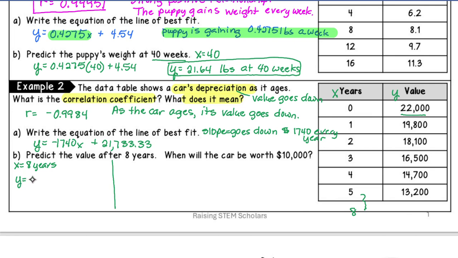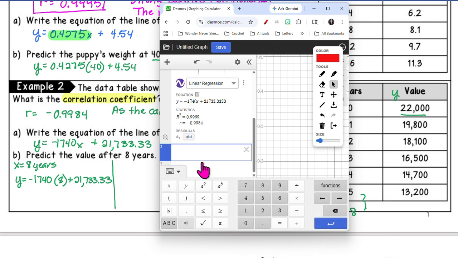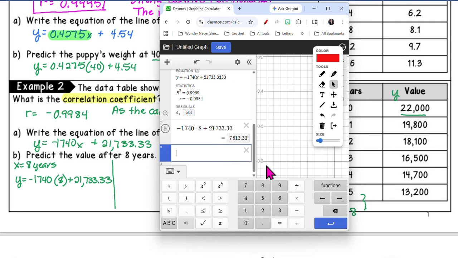I'm going to write my equation over again. I've got negative 1740 times 8 plus 21,733.33. I'm going to grab my calculator and drop those numbers in. Okay, so we got negative 1740 times 8 plus 21,733.33, and that's going to equal 7,813.33.